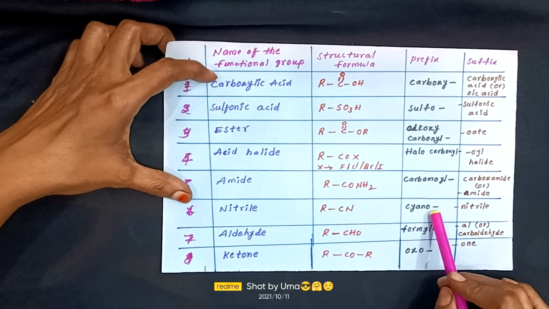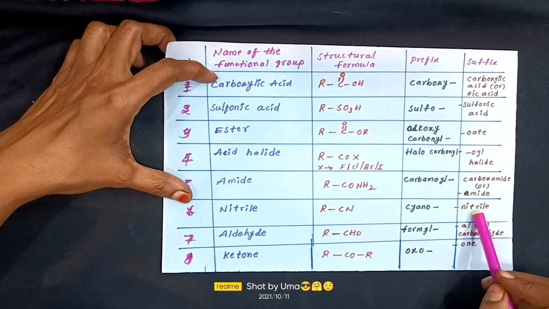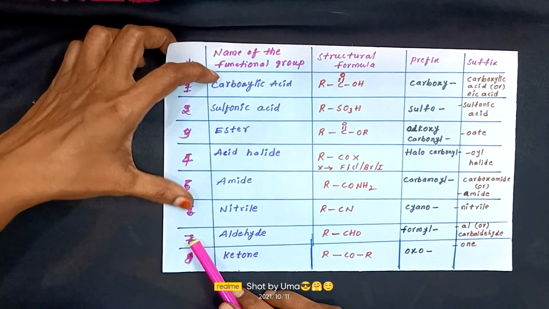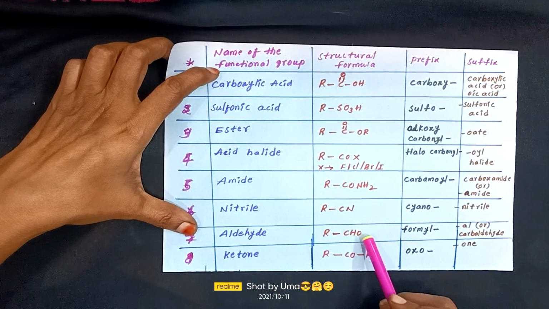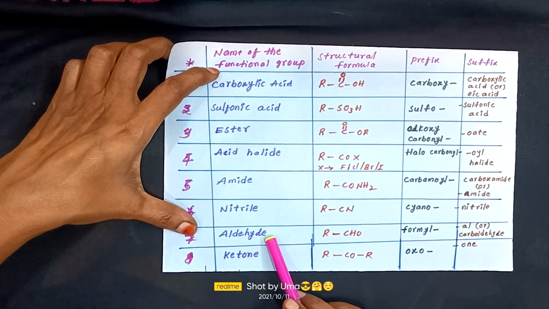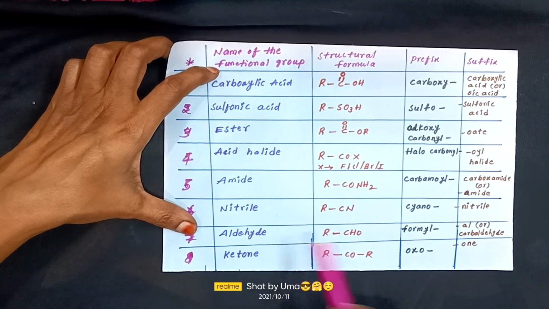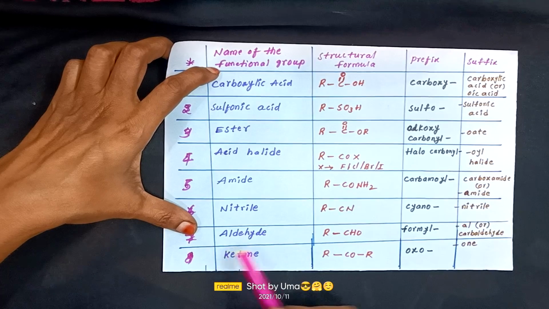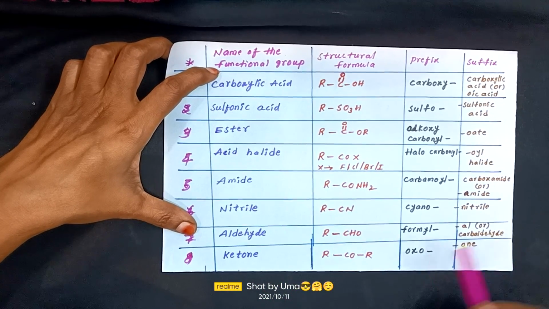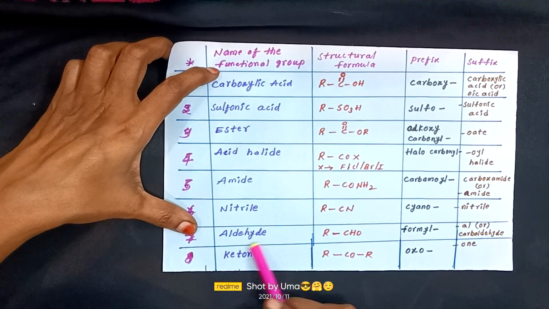What is the suffix of nitrile here, children? Nitrile. And next, the seventh functional group is aldehyde. So R bond CHO is said to be the aldehyde functional group, and the prefix of aldehyde is formyl, and suffix is al or carbaldehyde. And the eighth one, children, ketone.